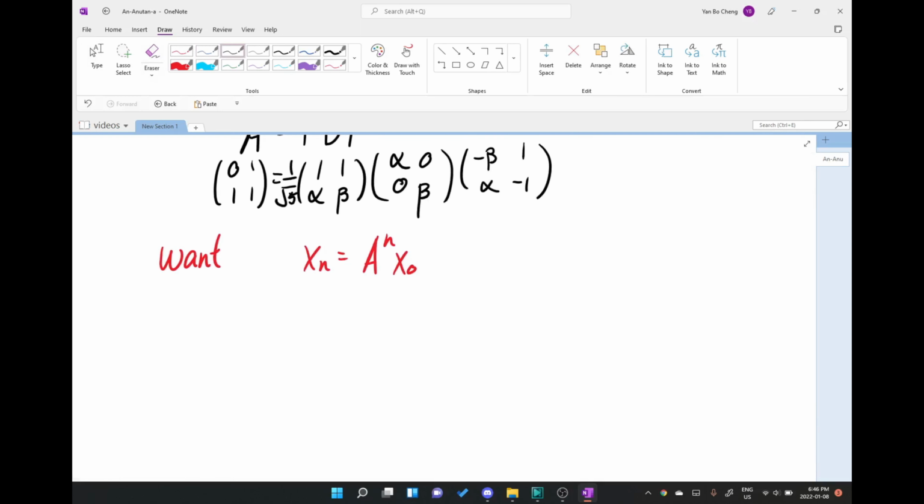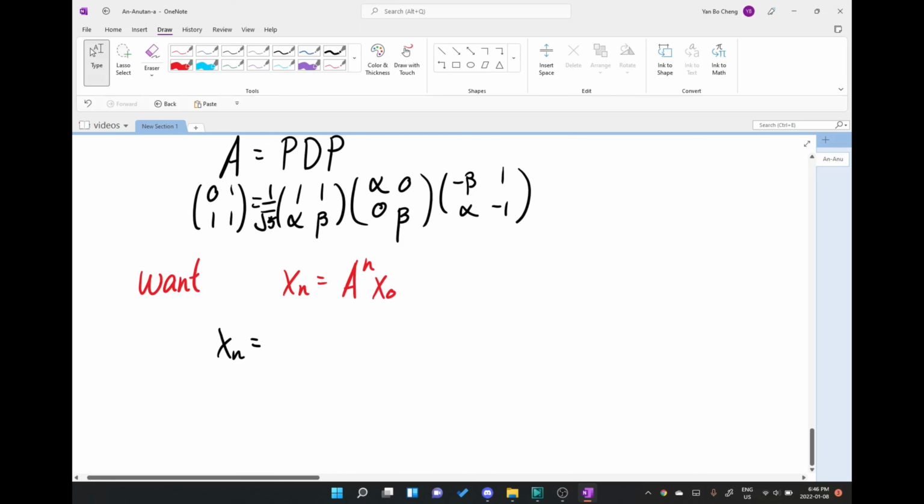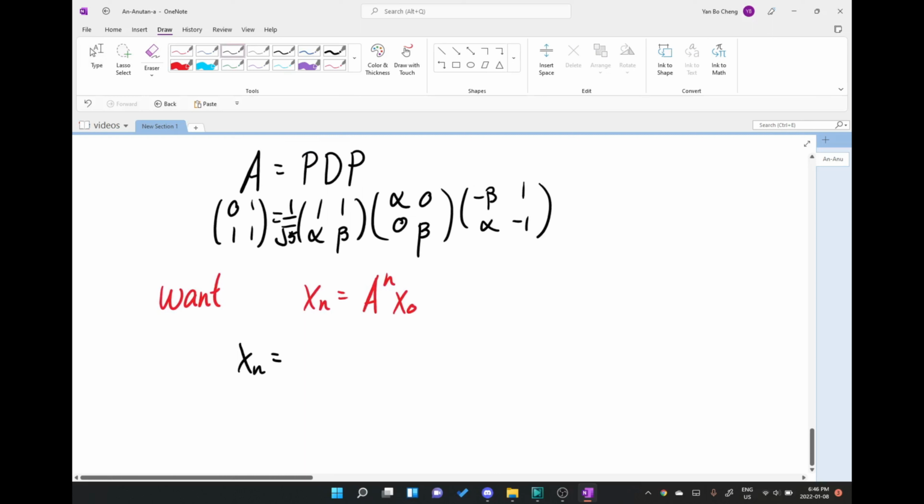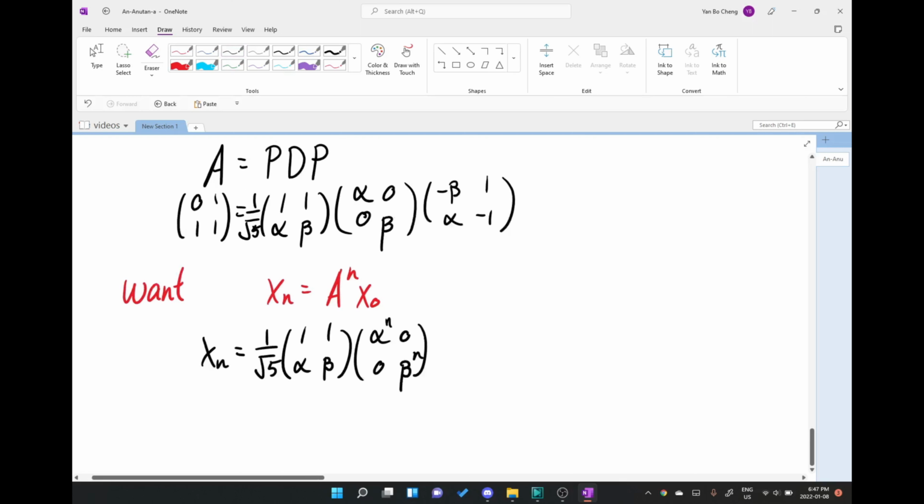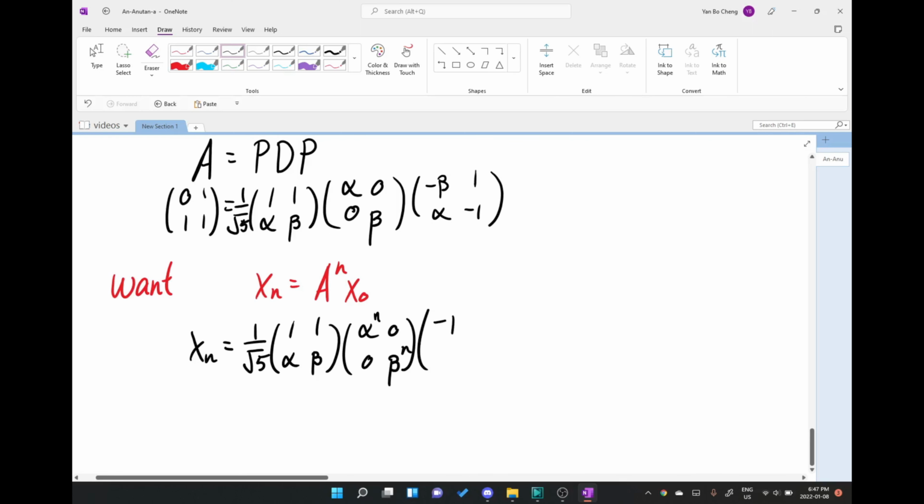And so let's just compute it. So x_n is equal to, instead of writing A to the power of n, we're going to write the diagonalized matrix: 1 over root 5, 1 alpha, 1 beta, times alpha 0, beta 0 to the n, respectively, and minus beta alpha 1 minus 1.